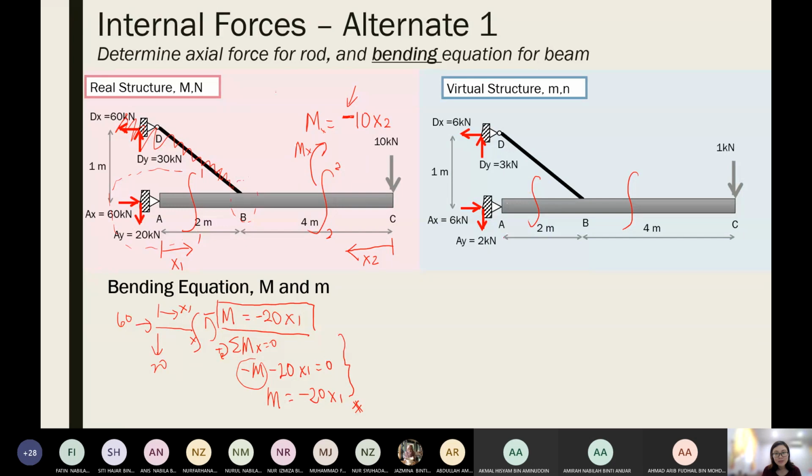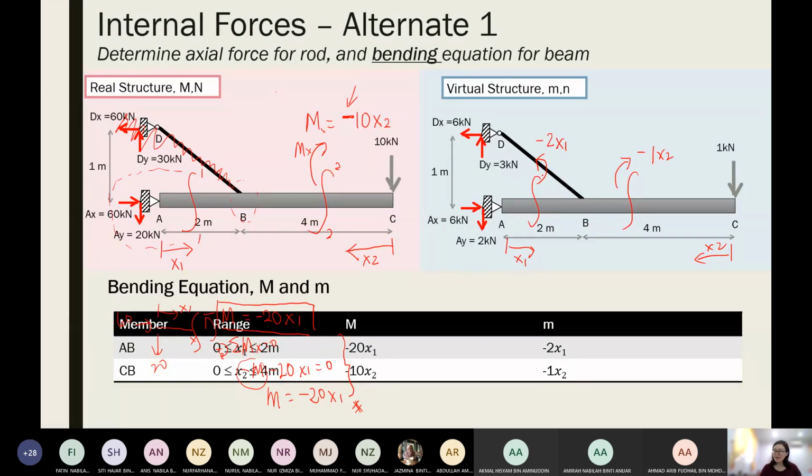Now I must consider the same x1 and x2. So here you have negative 10x2, and this will be negative 2x1.